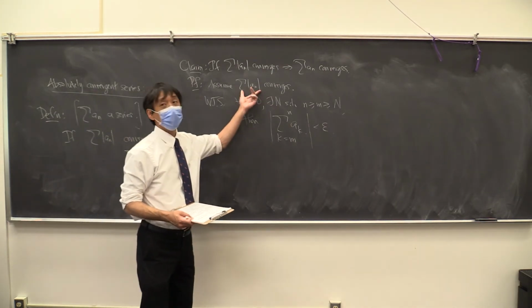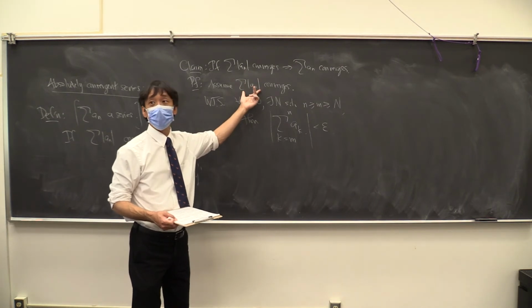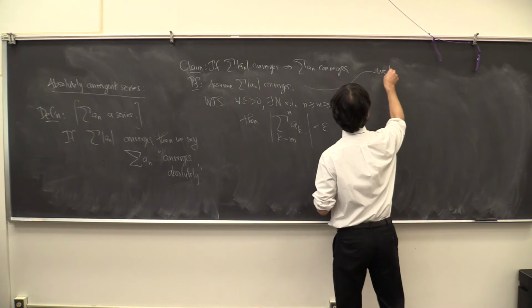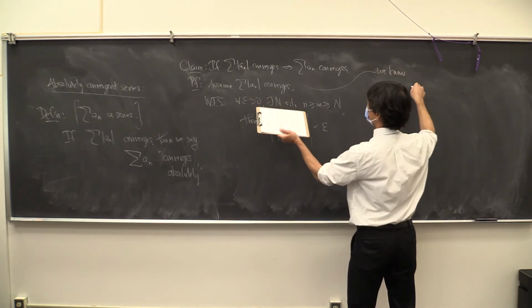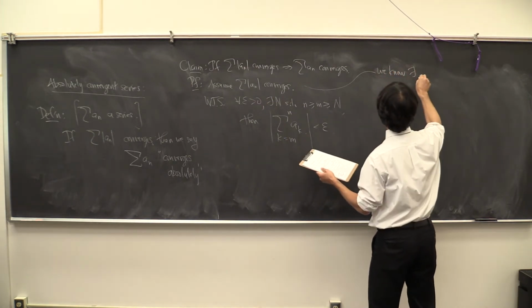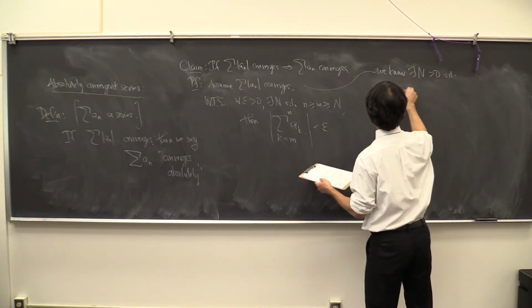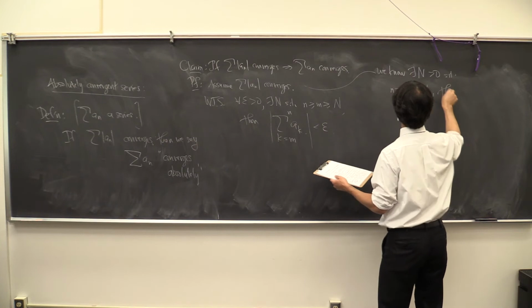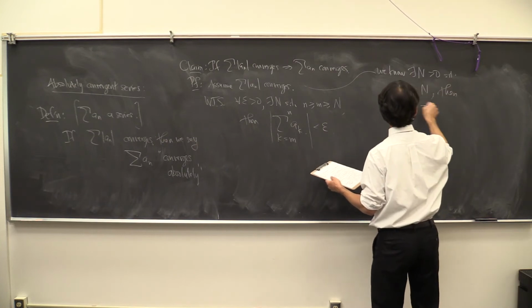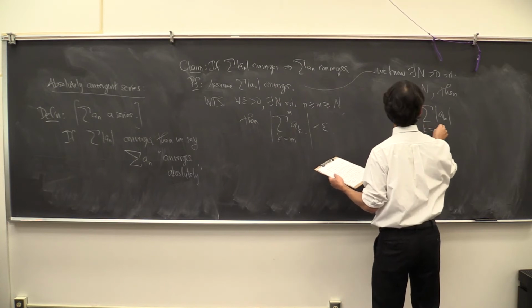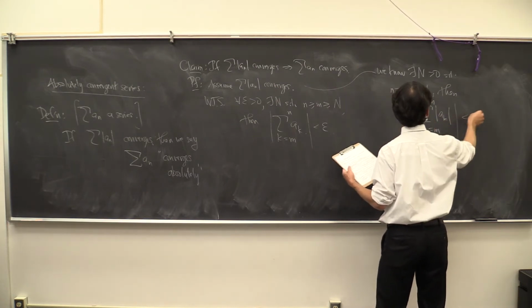Now we know that this thing converges, right? So we know that this guy's Cauchy criterion is satisfied. We know there exists some N such that if n and m are bigger than N, then this thing is smaller than epsilon.